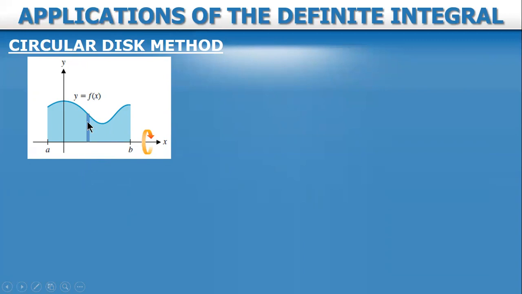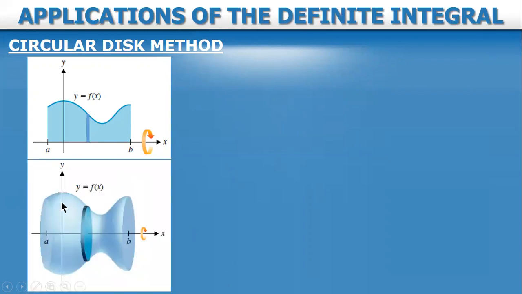So if we revolve this rectangular strip about the x-axis, we will get a circular disc. Okay, like this one. So this solid is the solid of revolution when this region is revolved about the x-axis. And for this rectangular strip, after revolving this region 360 degrees, you will get this one.